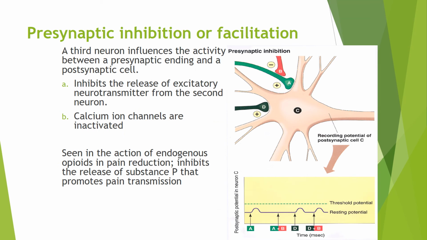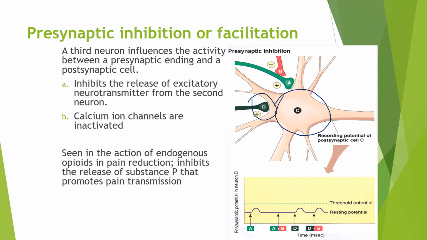Another way that we can have an effect on the postsynaptic cells is by presynaptic inhibition or facilitation. So this is where a third neuron will influence the activity between a presynaptic and a postsynaptic cell. So in this example, what we have is C, this is the postsynaptic cell.